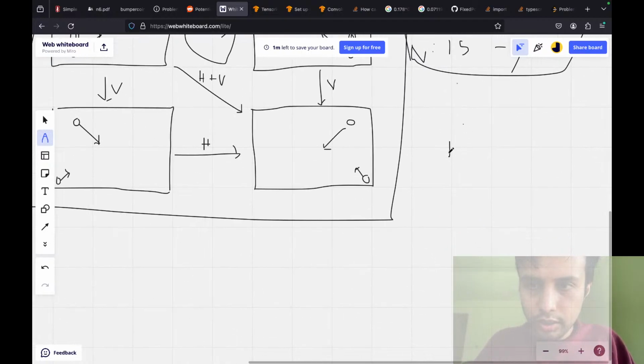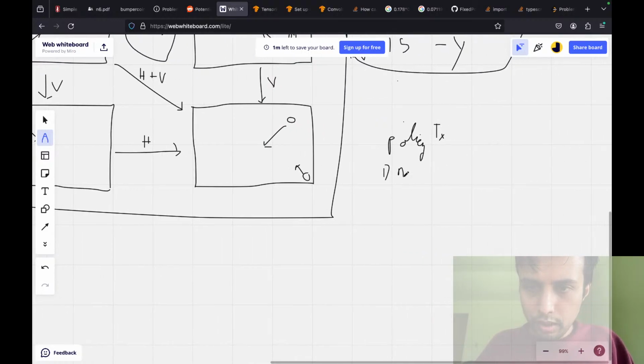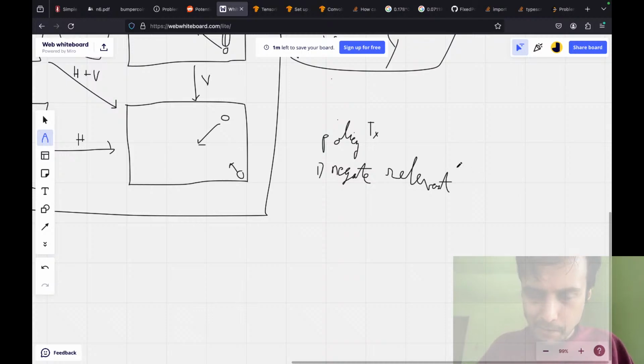So for policy, two things. One, for policy transform, let's call that tx, one is negate the relevant component, or velocity component.